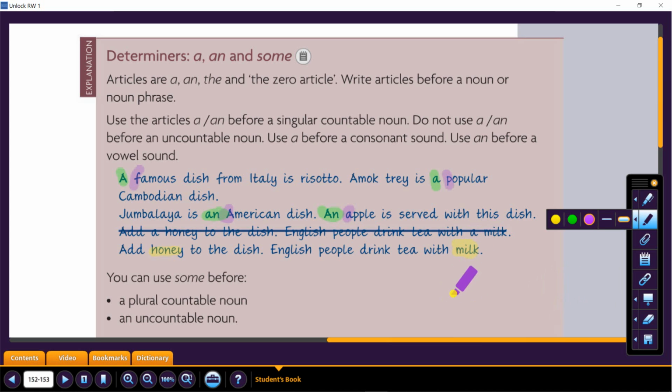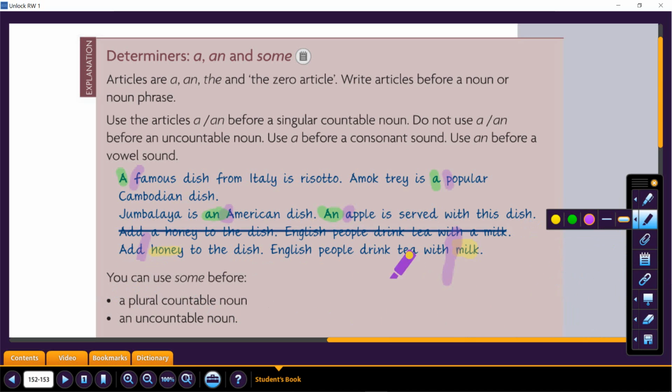We cannot count milk. We cannot say 1 milk, 2 milk, 3 milks, 4 milks. So no article here, zero article. Also honey, we cannot say 1 honey, 2 honeys, 3 honeys, and so on. So we cannot say add a honey or anything like that. So zero article, no a, an. Okay?